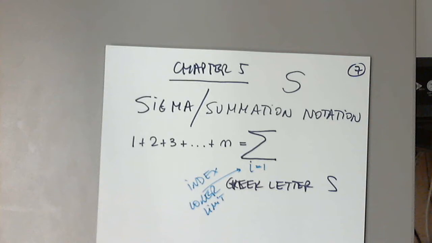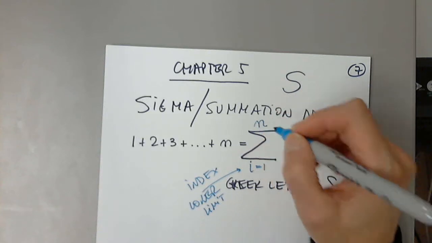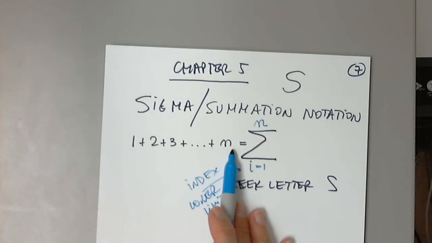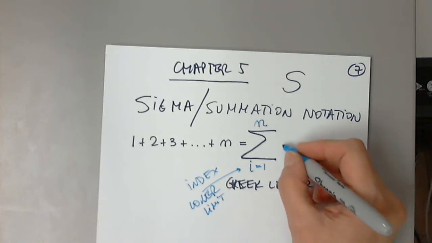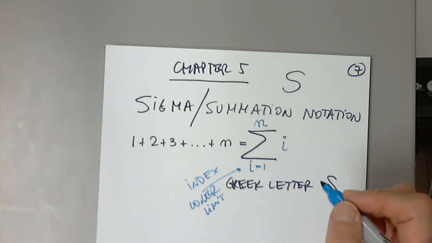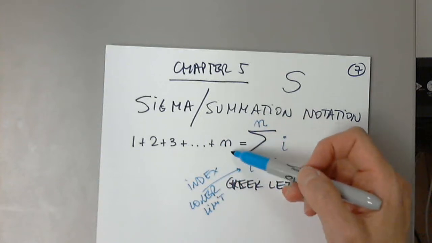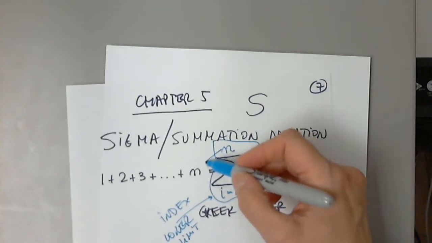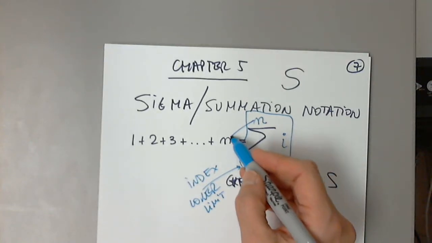That's where the index starts, with 1. The index can go up until n. From 1 to n. So instead of writing this, we write this. n, of course, is the upper limit.